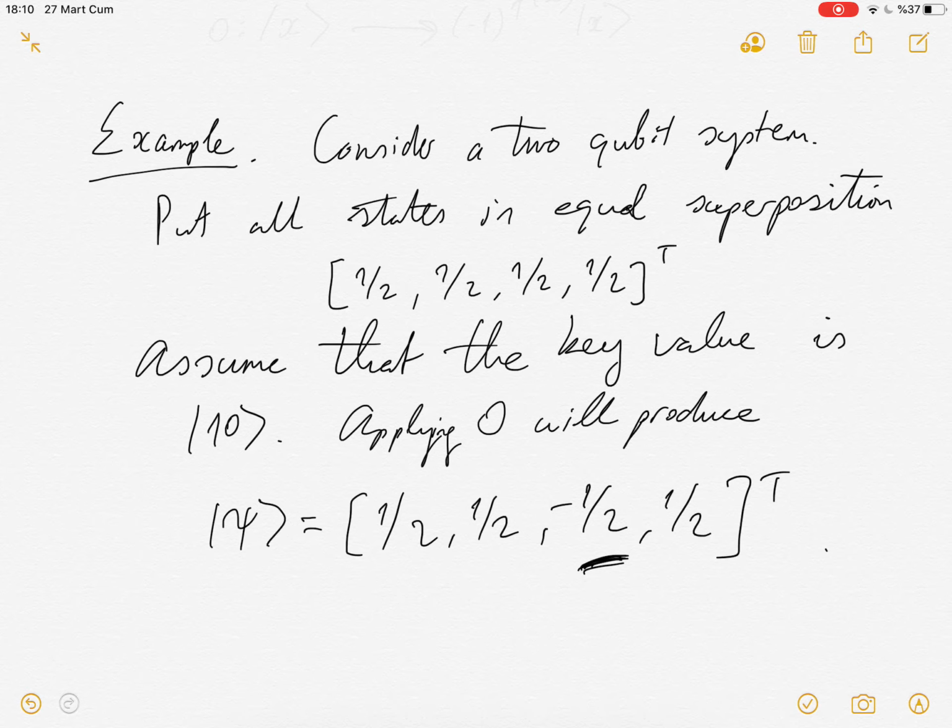So that's why the second trick of Grover's algorithm is called inversion about the mean.